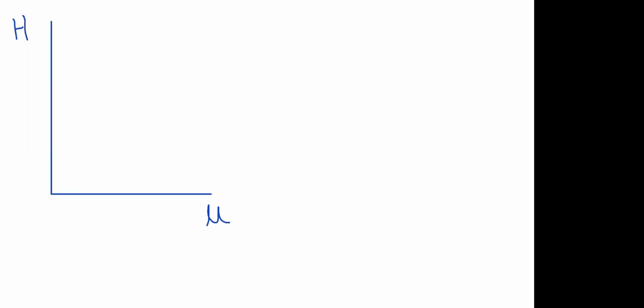And we denote the mobile phase flow rate here with a u. And we had these three different factors that affect it: eddy diffusion, longitudinal diffusion, and resistance to mass transfer.